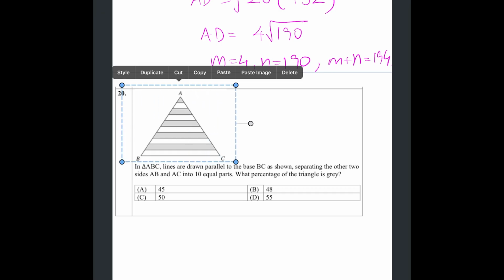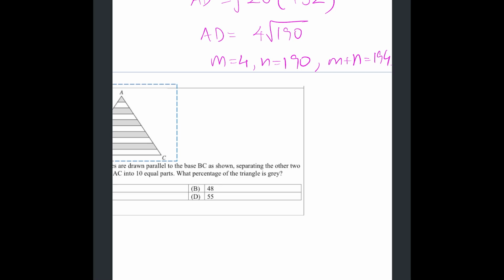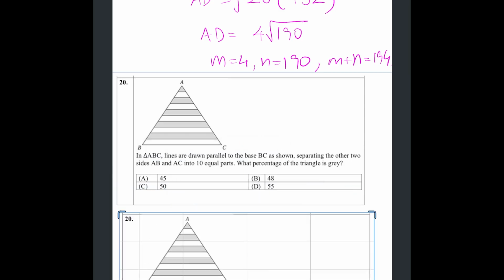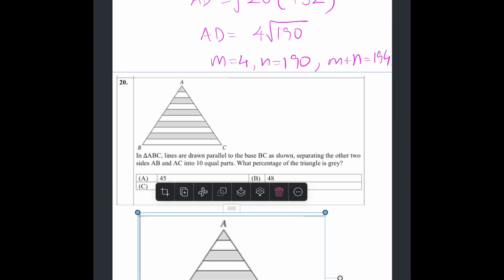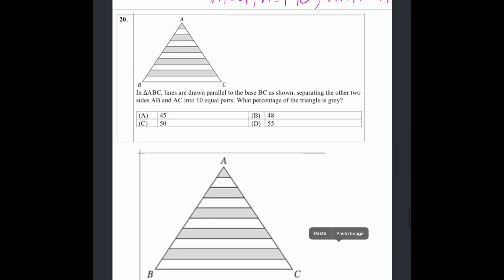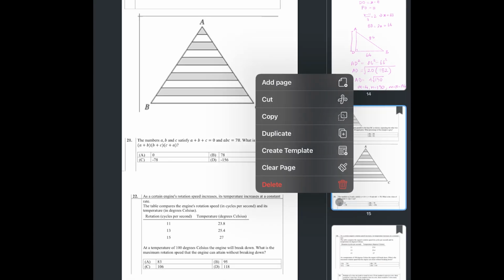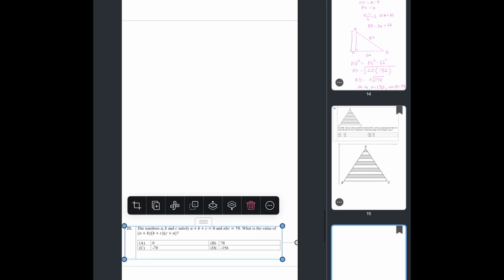So here, if all of these points are B1, B2, B3, right, this point B4, and so on up to how many lines are there? 1, 2, 3, 4, 5, 6, 7, 8, 9, 9 lines, B9, right?